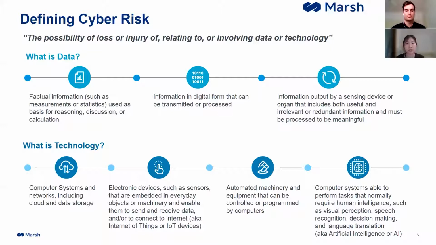What is technology? Technology can include computer system networks, electronic devices such as Internet of Things, automated machinery and equipment, or computer systems that are able to perform tasks that normally require human intelligence. And this can include artificial intelligence or AI.